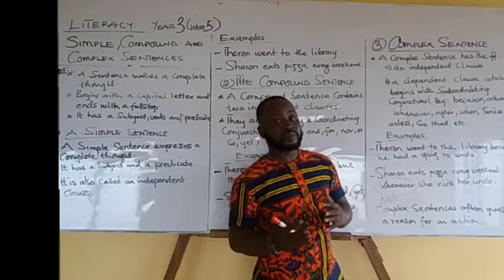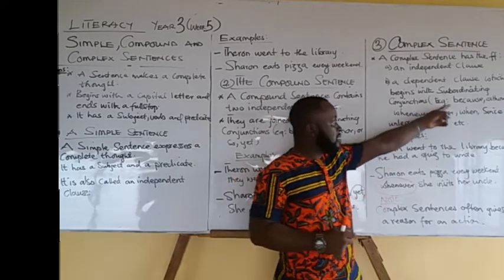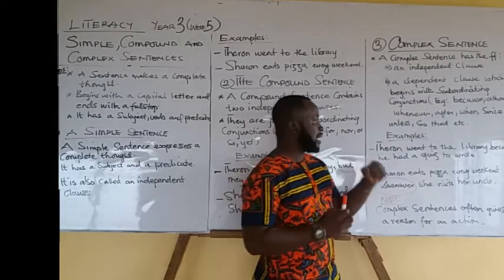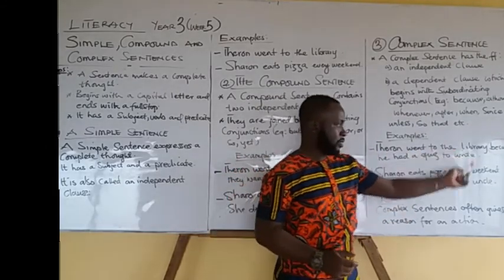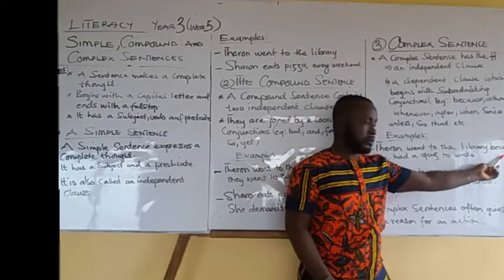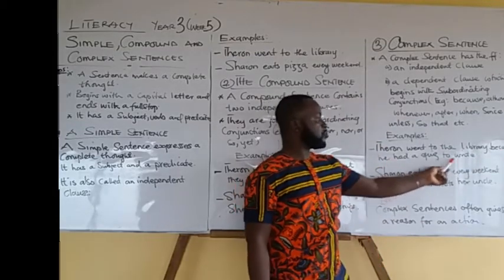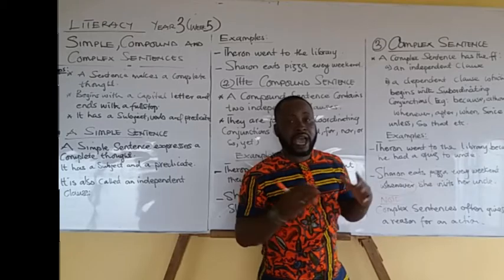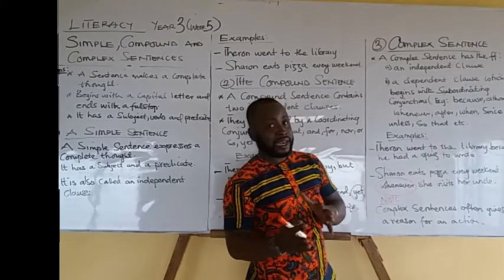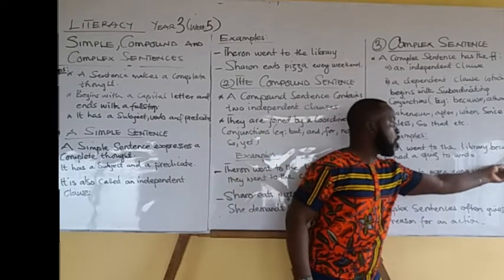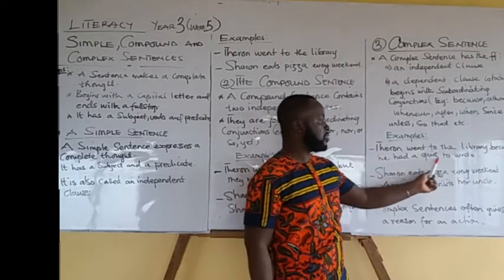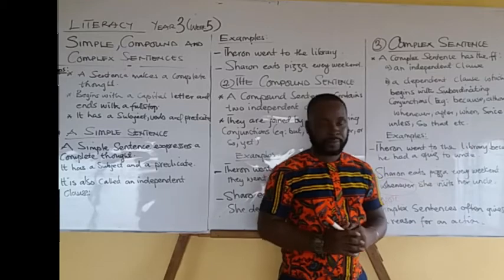A dependent clause begins with the subordinating conjunctions. Let's look at an example here. Theron went to the library because he had a quiz to write. We are looking for our dependent clause. Our dependent clause starts from because he had a quiz to write.